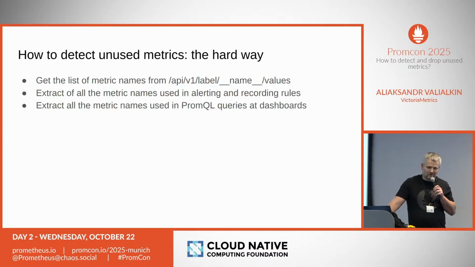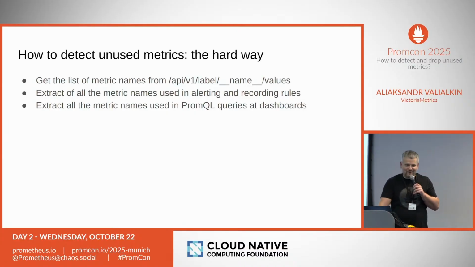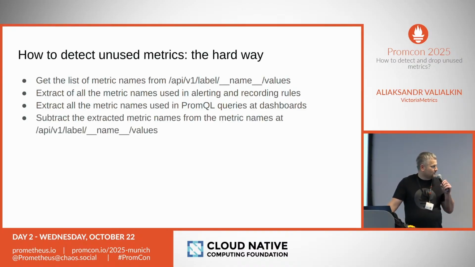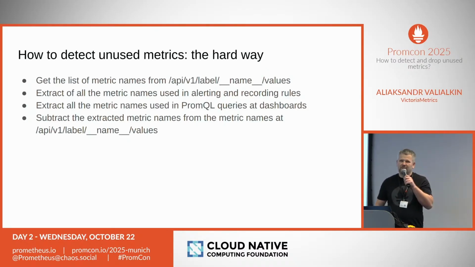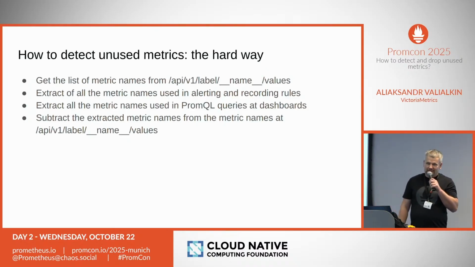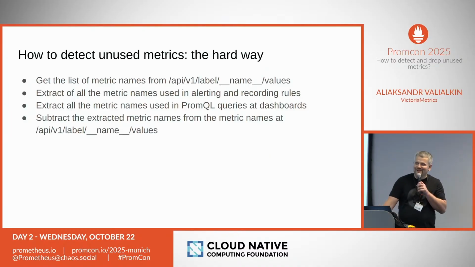Then go to your Grafana dashboards and extract all the metric names from PromQL queries across all these dashboards, and then subtract these found metric names from the metric names obtained from this Prometheus API, which returns metric names which are stored in Prometheus. This is the hard way.